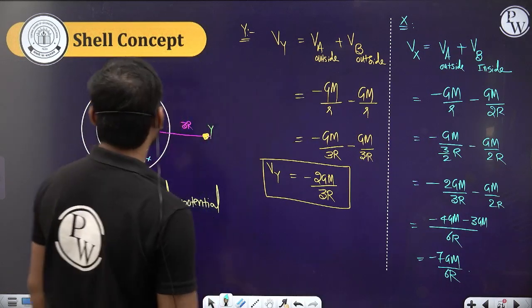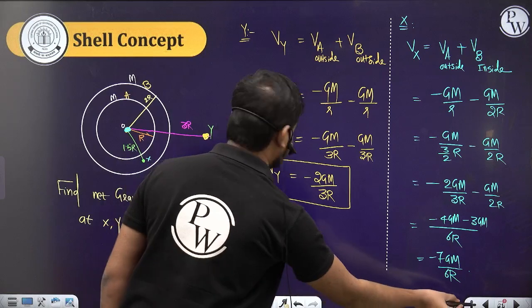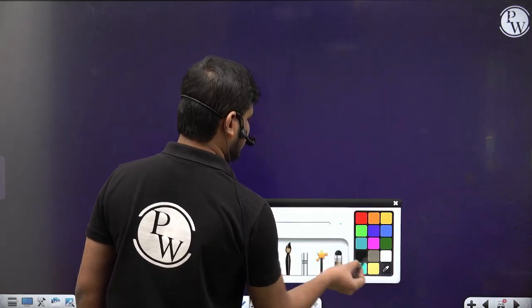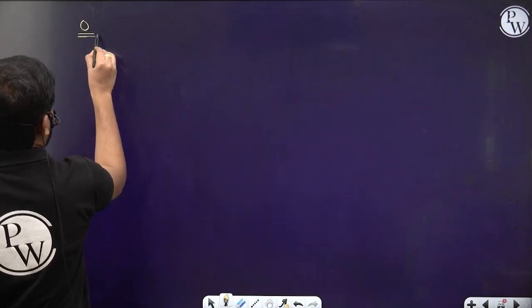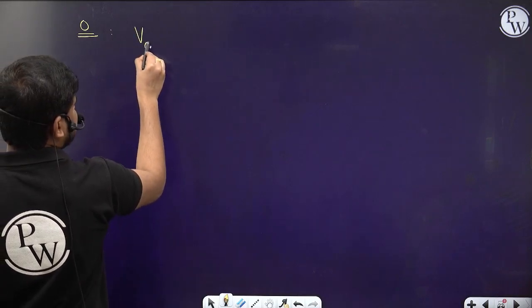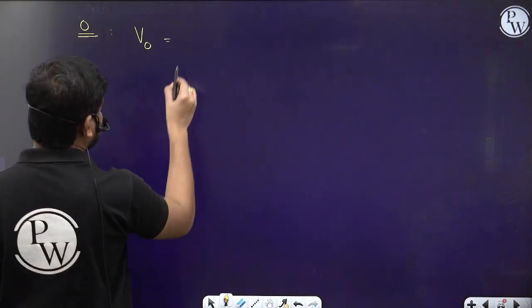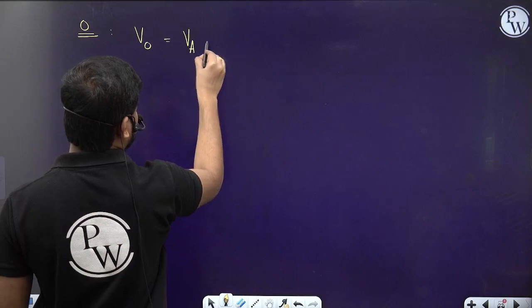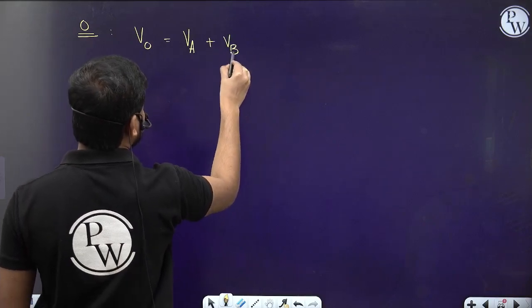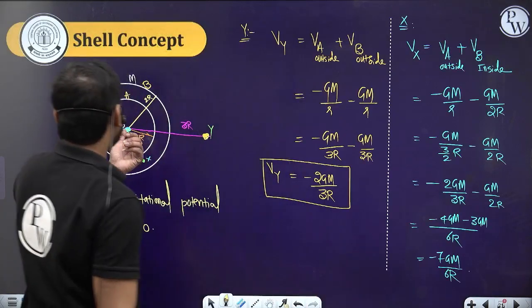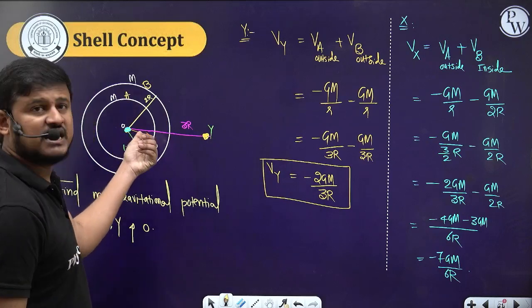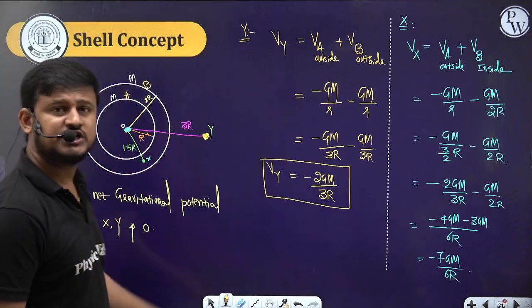So now let's find the potential at the point O. The gravitational potential at O will be equal to the gravitational potential due to shell A plus the gravitational potential due to shell B. For shell A it is inside, and for shell B also it is inside.